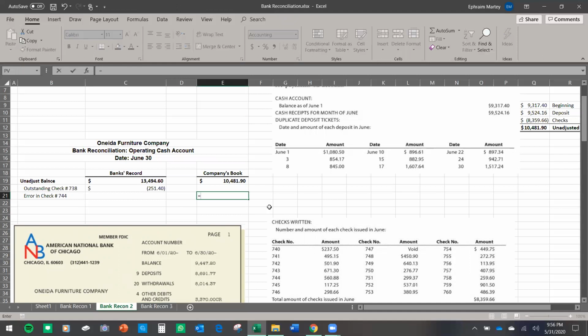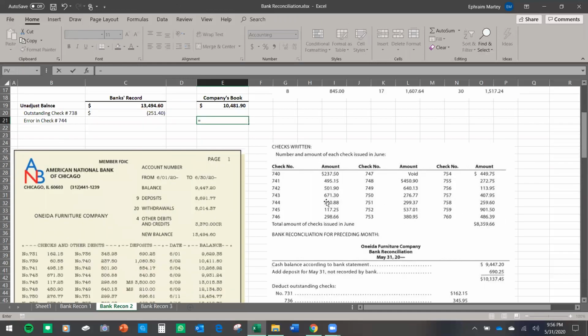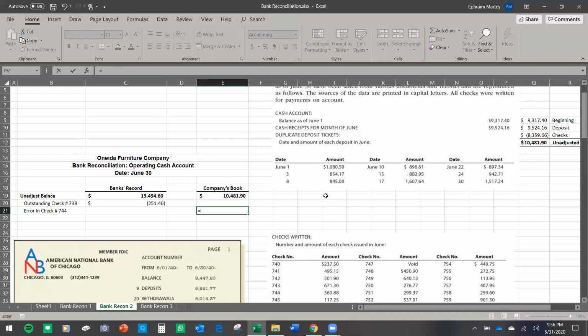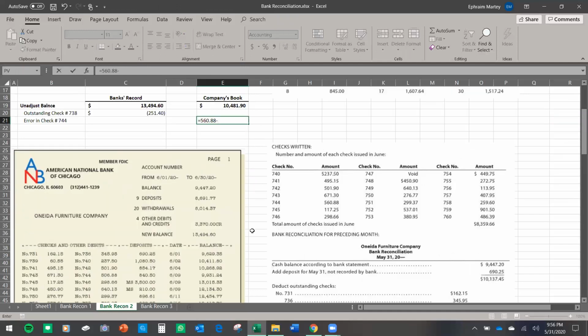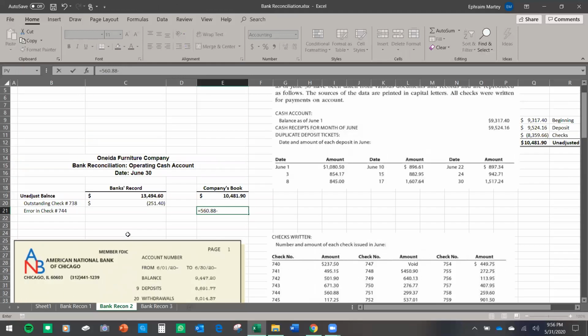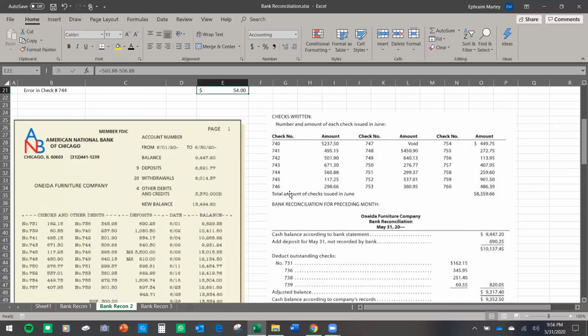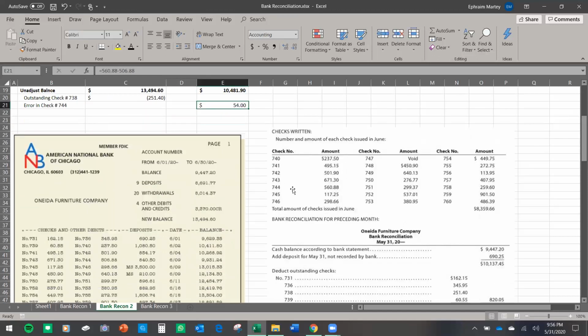We take what we recorded, 560.88, minus what the bank has, 506.88. So that increased our cash account by $54. That is check number 744.